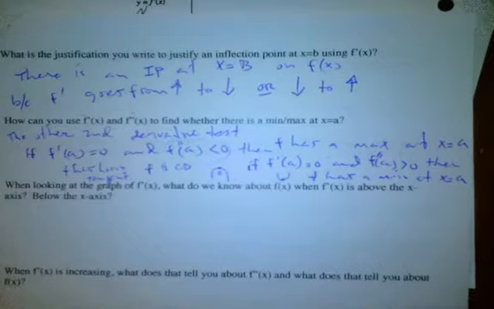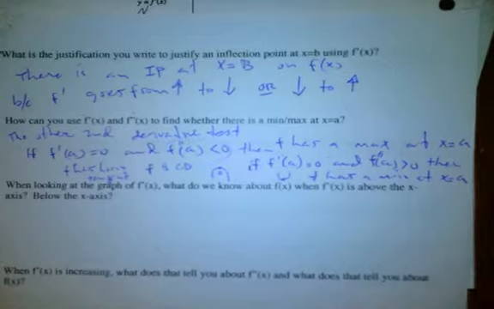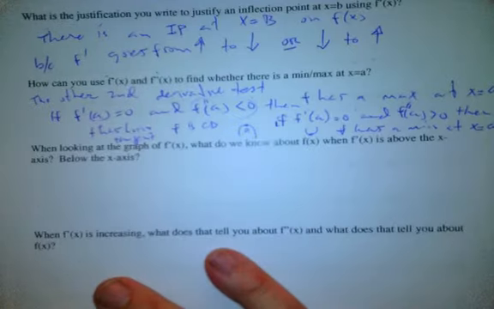So we would say if f prime of a equals 0 and f double prime of a is greater than 0, then f has a min at x equals a.